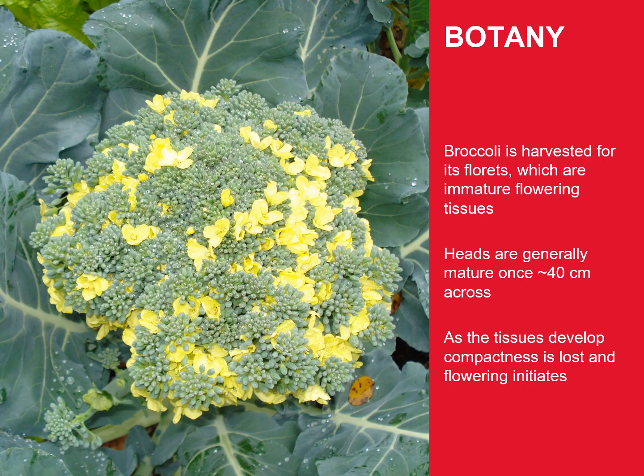As the tissues develop, they lose the characteristic compactness of a typical broccoli floret, and the flower buds start to separate and develop into flowers. As you can see in this slide, the broccoli tissue, what would be consumed and harvested, is starting to develop flowers, and so this plant is now unsaleable.